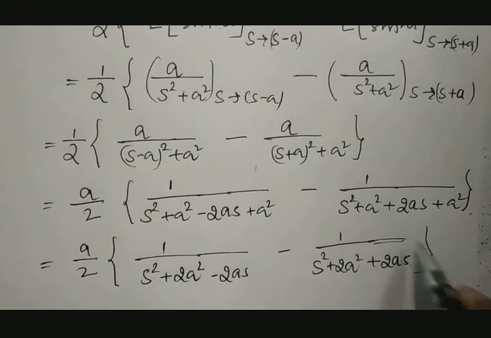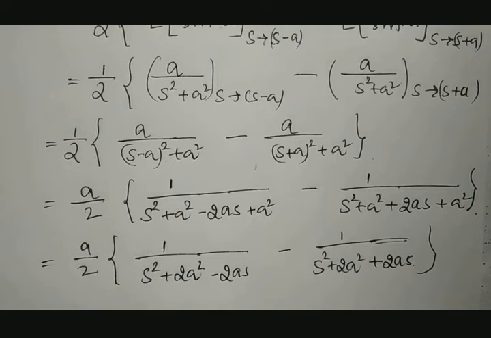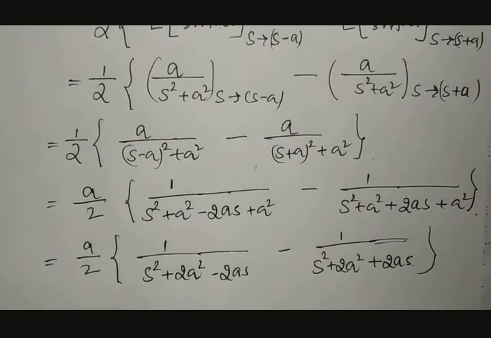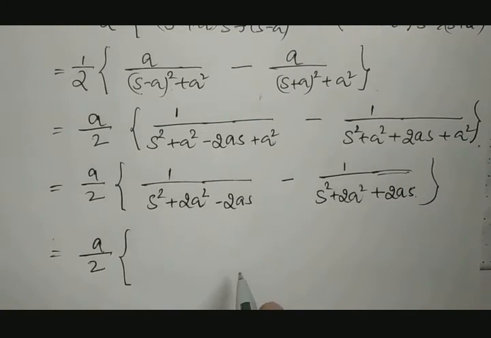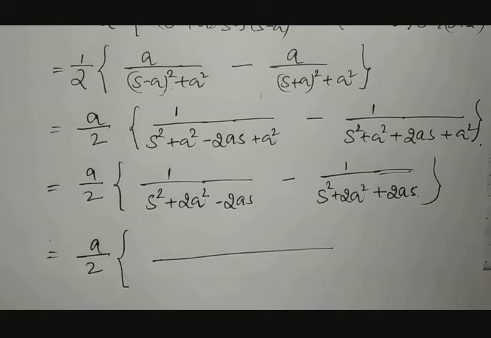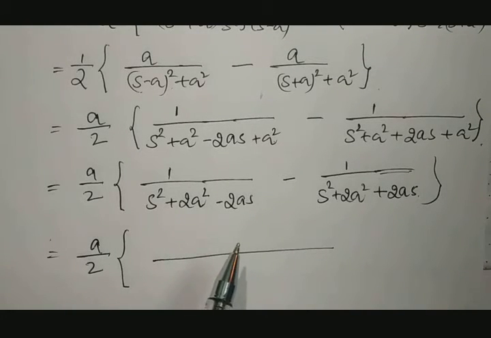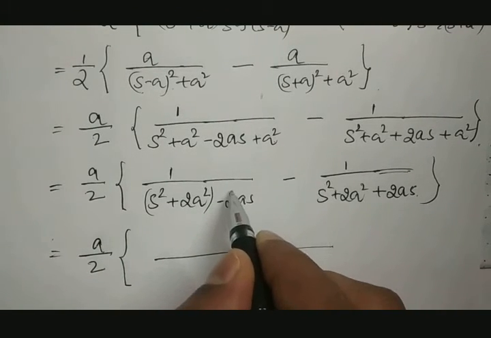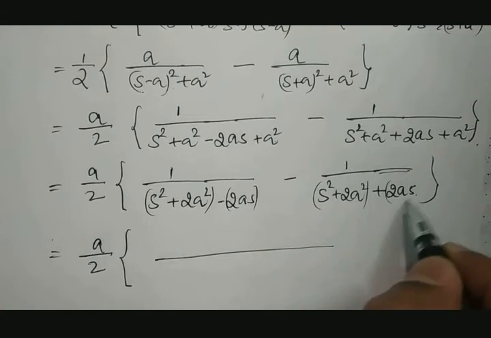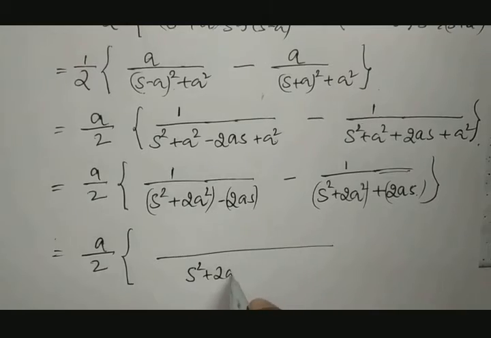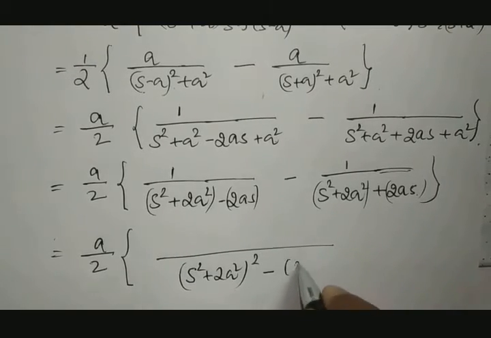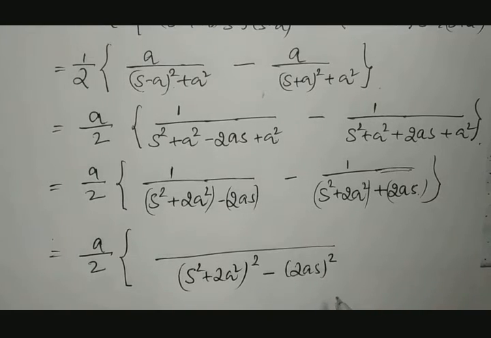Then this is equal to, if you take the LCM, a divided by 2 into, then what happens? It can be taken as (a minus b) into (a plus b). A minus b into a plus b will be what? A square minus b square. Therefore, (s square plus 2a square) the whole square minus (2as) the whole square.